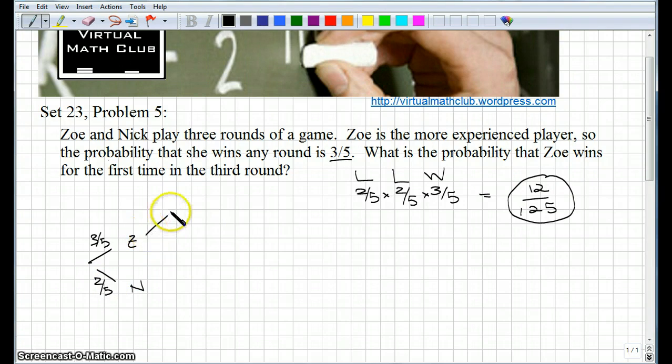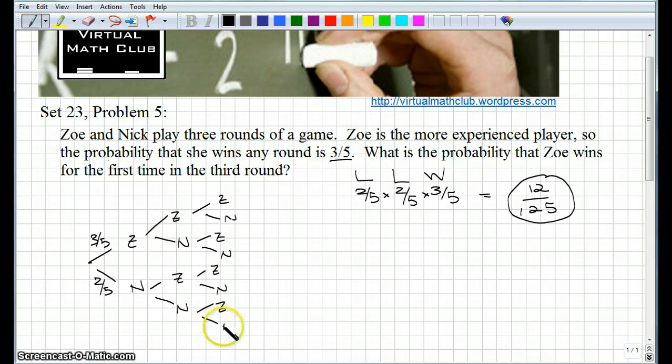And so on. On the second round, Zoe could win or Nick could win. And if Nick won the first round, Zoe could win or Nick could win. And so on. Zoe, Nick, Zoe, Nick, Zoe, Nick, and Zoe, Nick.